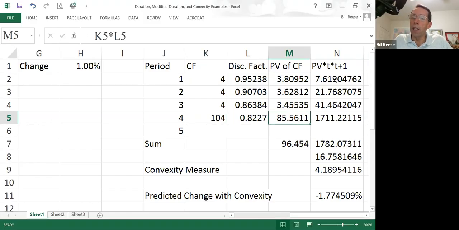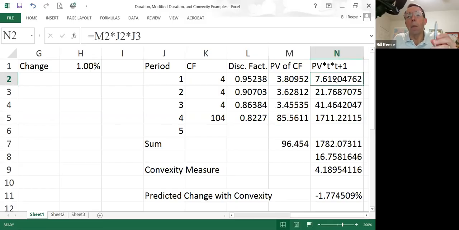Now what we're doing here is multiplying the present value of the cash flow in time period 1 by number 1 and number 2. Here we're multiplying the present value of the cash flow in time 2 by number 2 and number 3. Here we're taking the present value of the cash flow in time 3 multiplied by the number 3 and the number 4. Here we're taking the present value of the cash flow in time 4, multiplying it by the number 4 and the number 5.